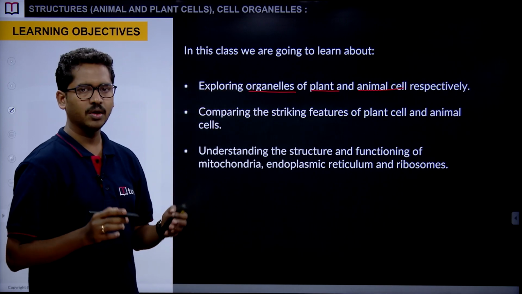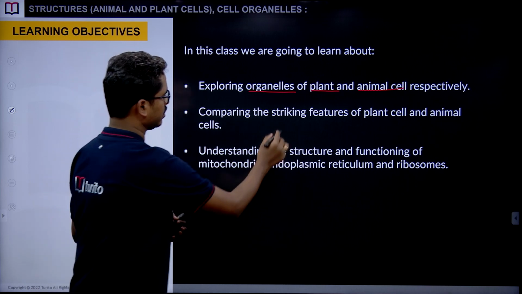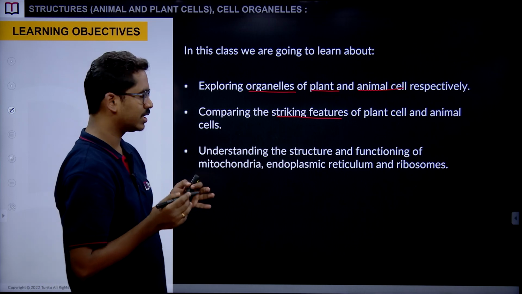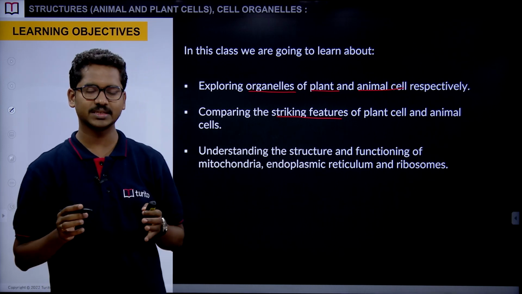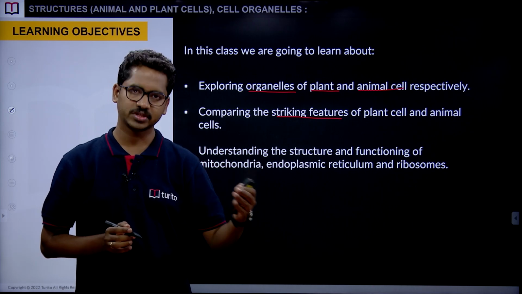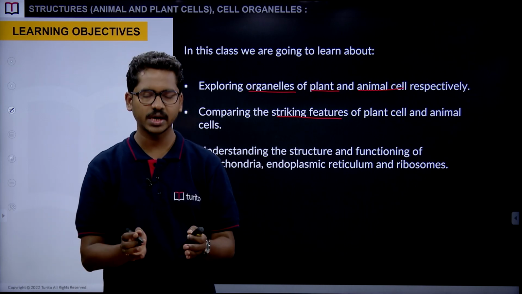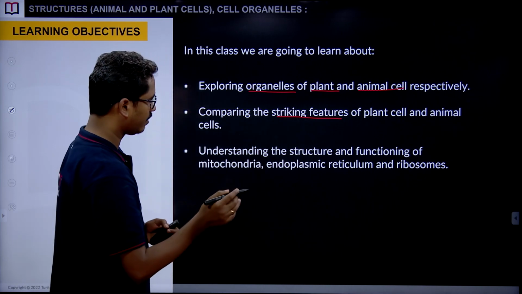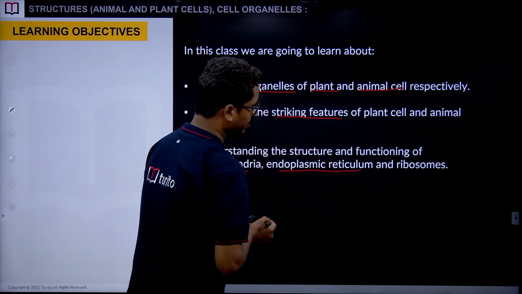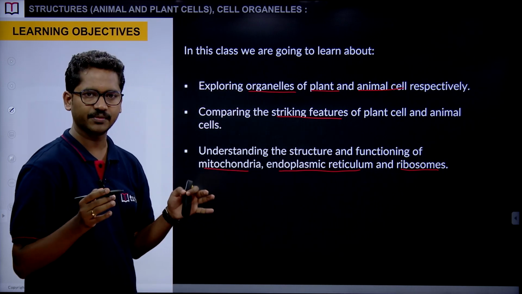Once done, we will try to compare the striking features of the plant cell as well as an animal cell, and later we will start to analyze the different organelles in detail. The later sessions will also be followed by the understanding of several organelles. Today in this particular session, we will be having an understanding of the organelles mitochondria, endoplasmic reticulum and ribosomes. So this is what will be our understanding for today.